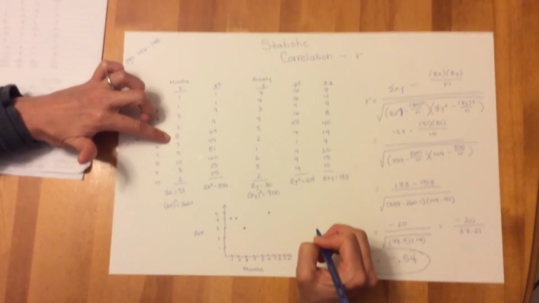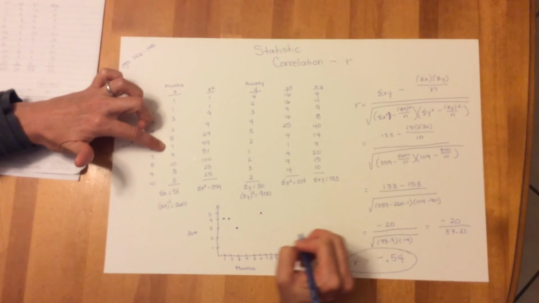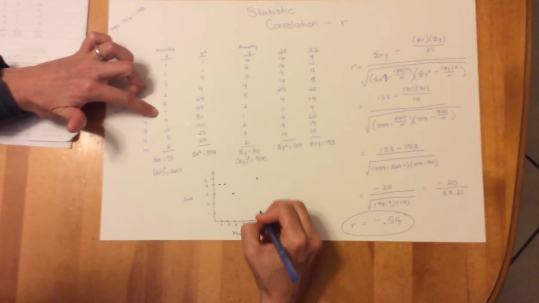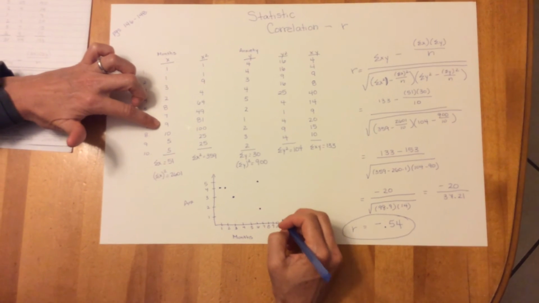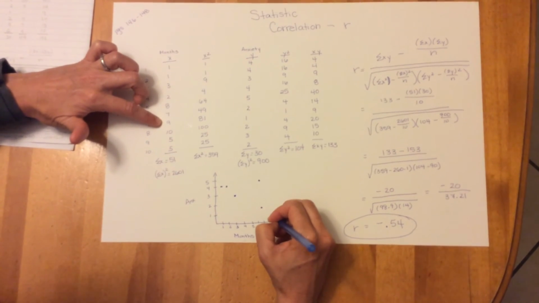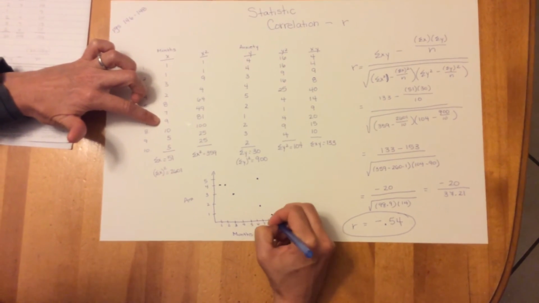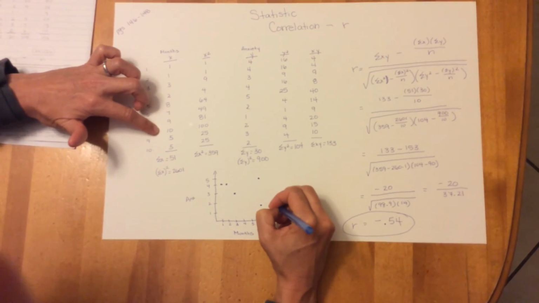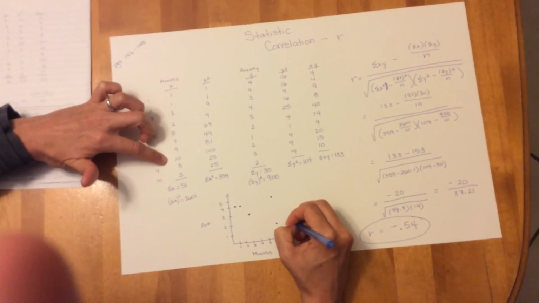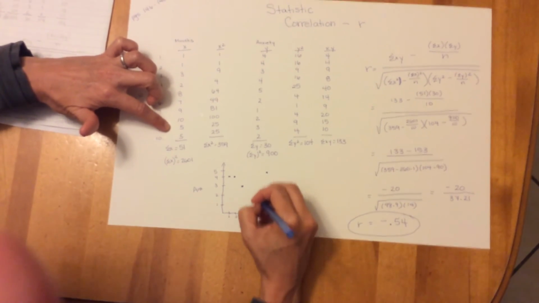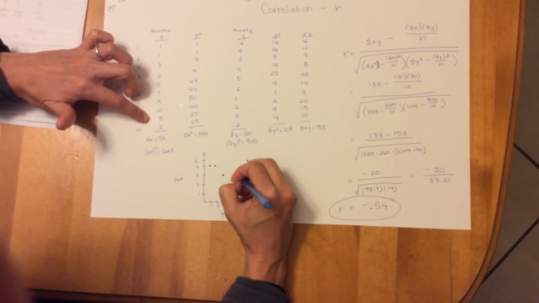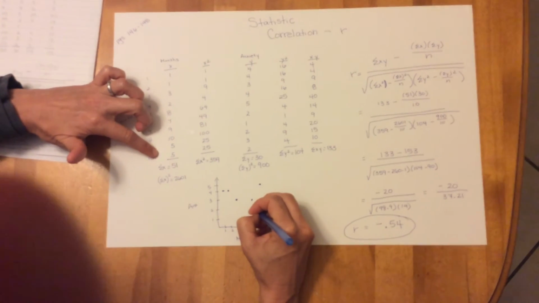But sometimes you have that. 7 months, a 2 on anxiety. 9 months, a 1 on anxiety. 10 months, a 2 on anxiety. 5 months, a 3 on anxiety. And 5 months, a 2 on anxiety.